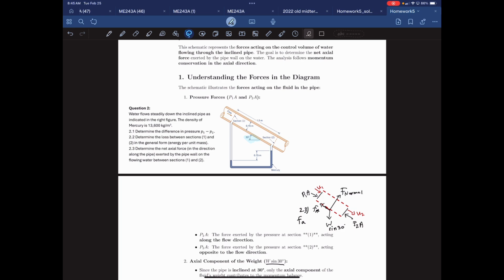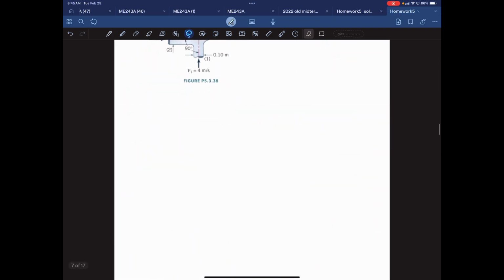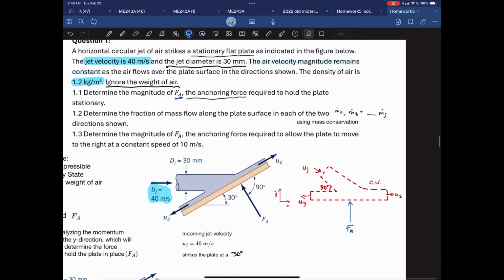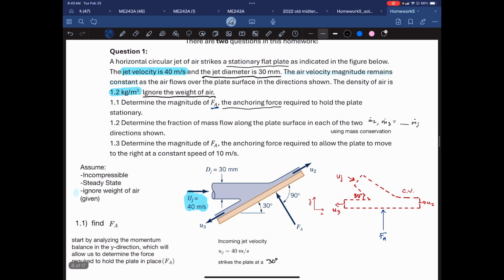Yeah, can you go back to 1.2? When we're finding the fraction, we have to know that the velocities are the same, right? Yeah. So U2 equals U3 equals UJ, because it's given that the velocity remains constant.